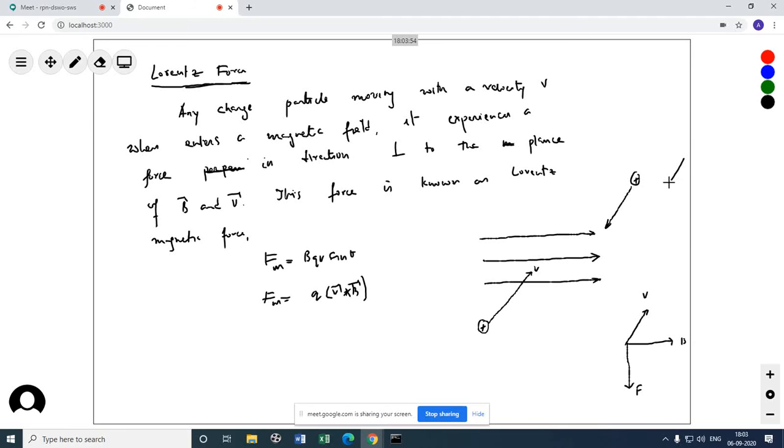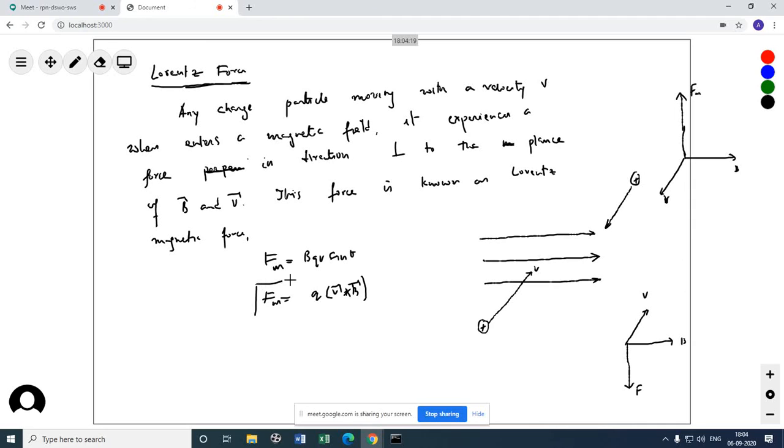This is the velocity vector and this is the magnetic field vector. So you can see V cross B, so it will go up. This is the Lorentz magnetic force, Fm equal to BQV sine theta, or Fm equal to Q V cross B.